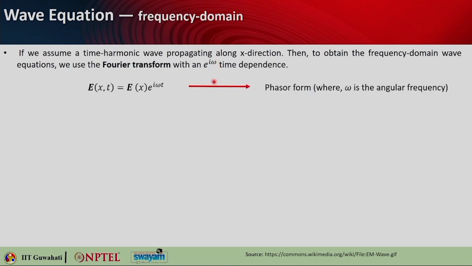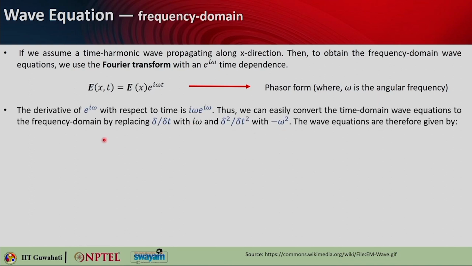So there should be a t here. So you can write E x of t, because here we assume that the propagation is along the x direction. So it is E x e to the power i omega t, and this form is also known as phasor form. So we have introduced one new term here, which is omega, that is nothing but the angular frequency.